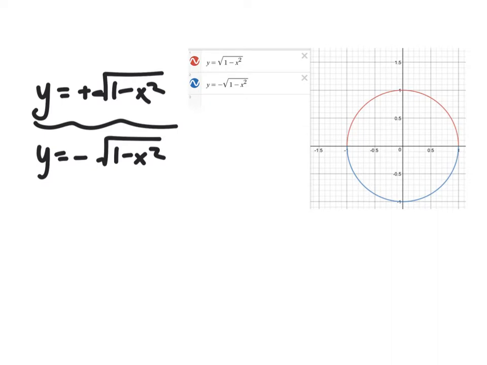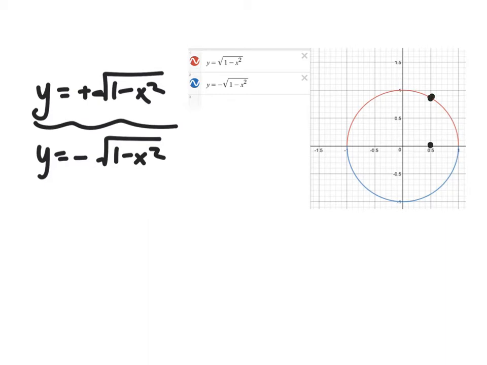Okay, so now that I've graphed both of these, what we actually get is a circle, okay? The top part of the circle is in red, which is my positive square root, and my bottom part of the circle is in blue, and that's my negative square root. So let's think about what happens here. If I plug in, say, 0.5 for x, I'm plugging it into one equation, okay?